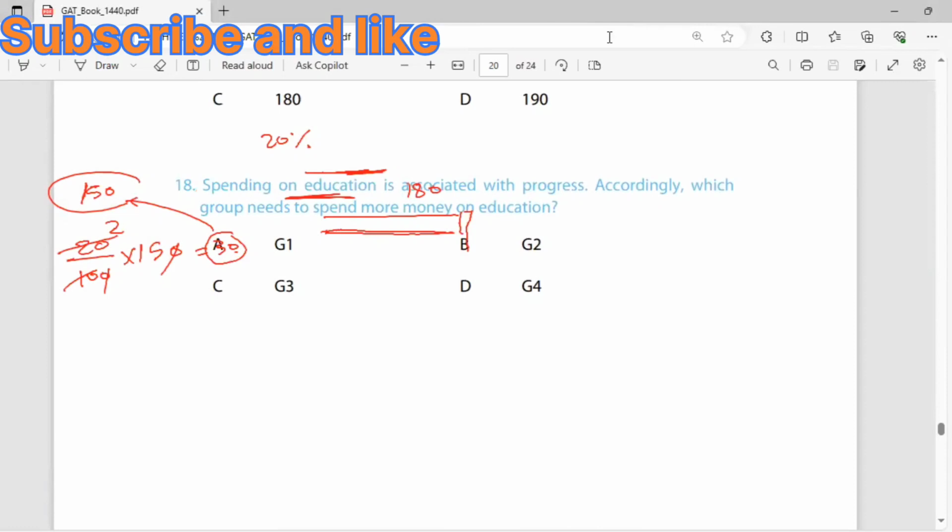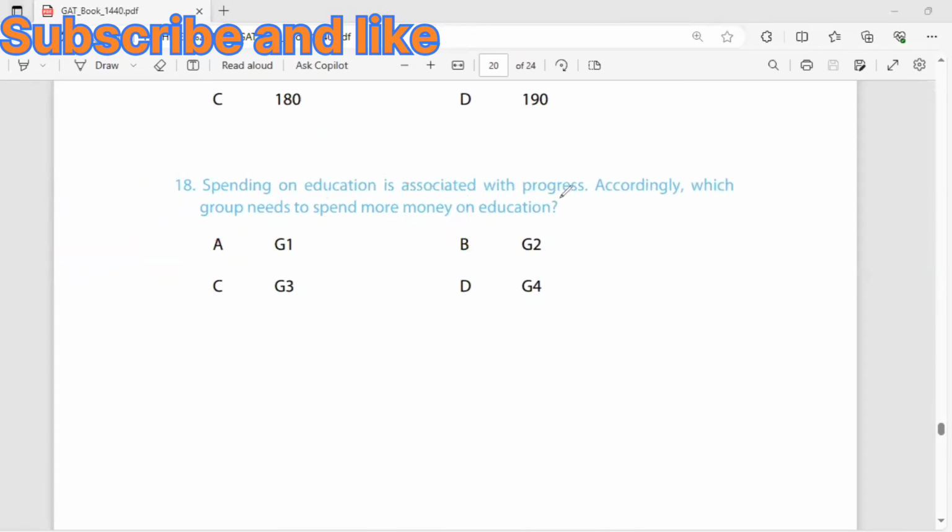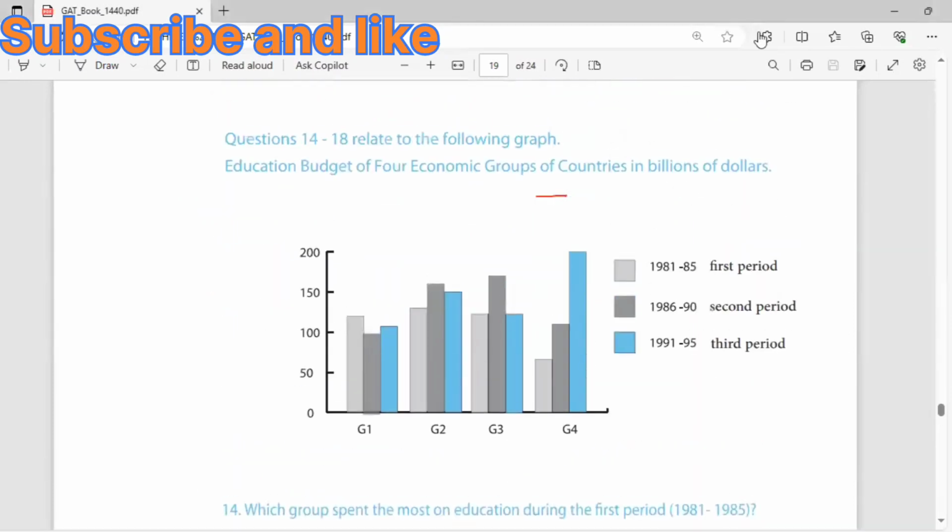Number 18. Spending on education is associated with progress. According to this, which group needs to spend more money on education? Get back to the graph.